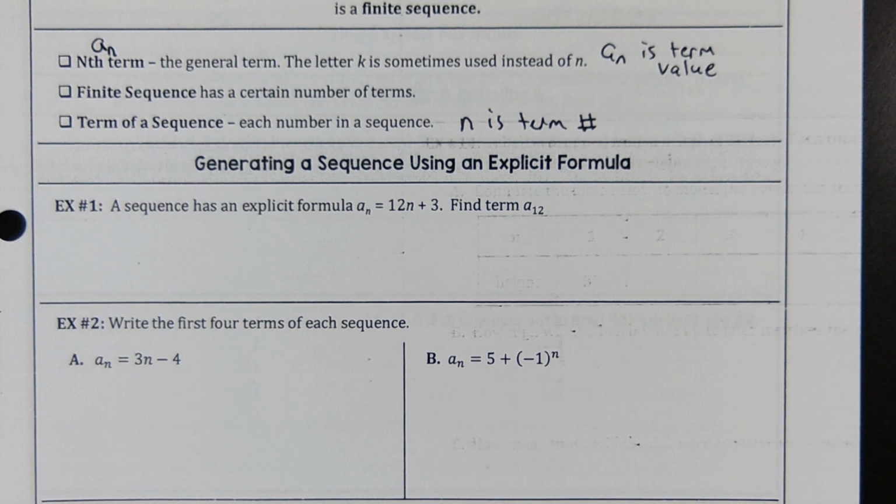Their pattern is +1 each time. And there's a way to figure out the sum of the first 100 or first any number of whole numbers. And it's actually pretty quick. The sum of the first 100 positive numbers is 5050, 5050. Okay? And I just did that using a math trick that I know that I'll teach you later in the unit. Okay?